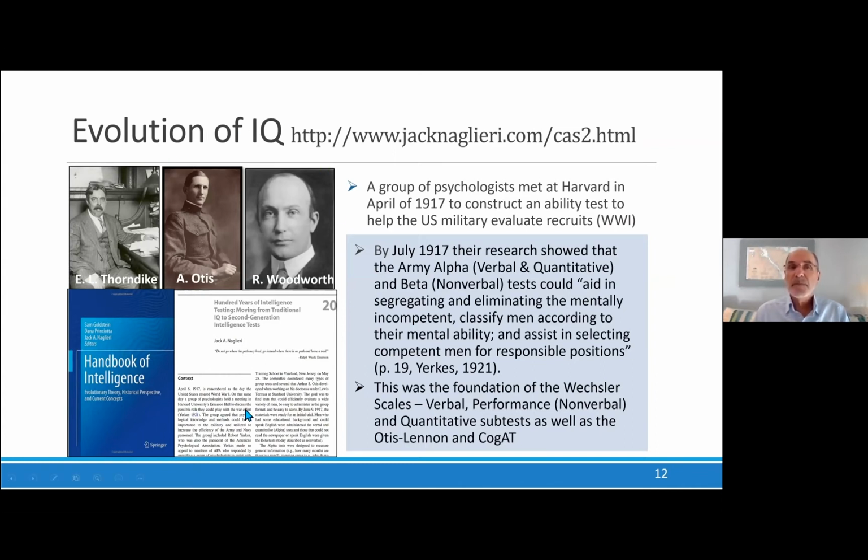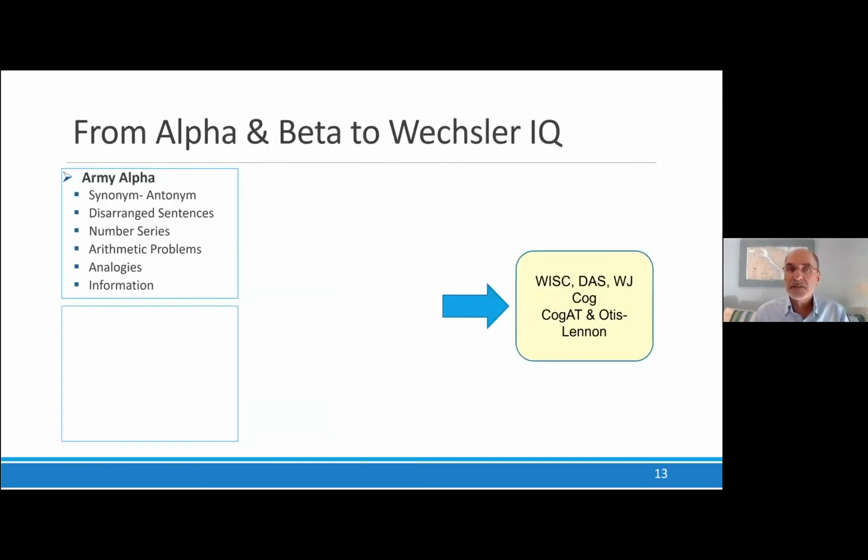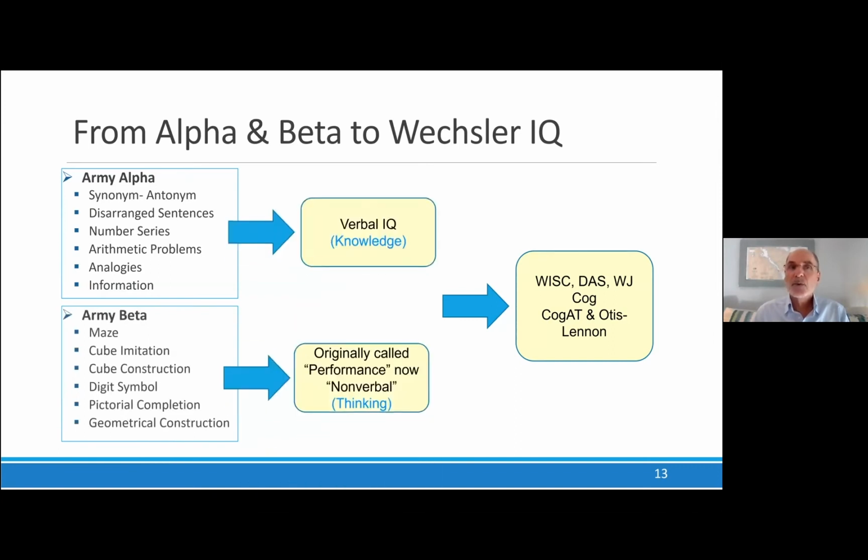These men were responsible for the development of the Army Alpha and the Army Beta tests, published in 1917, more than 100 years ago. And that really was the foundation of the Wechsler scales, because Wechsler was an examiner for the US military, and he gave the Army Alpha and the Army Beta, which became his verbal IQ and performance IQ.